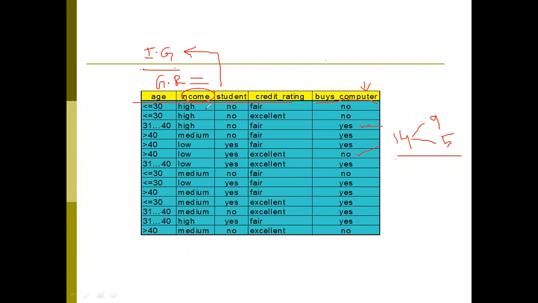Those are 3. What are those? One is high, second one is medium, third one is low. This income attribute may have three data objects: high, medium, and low.